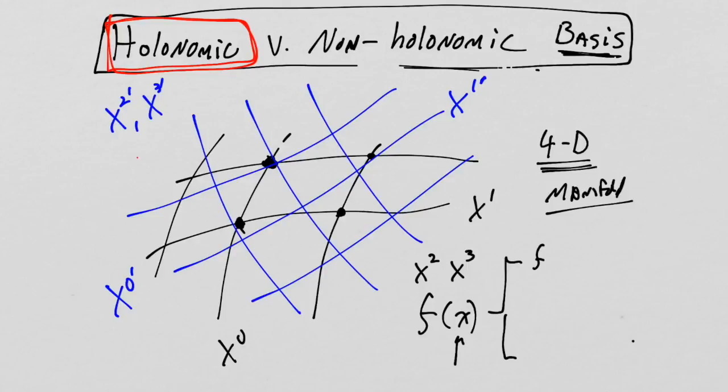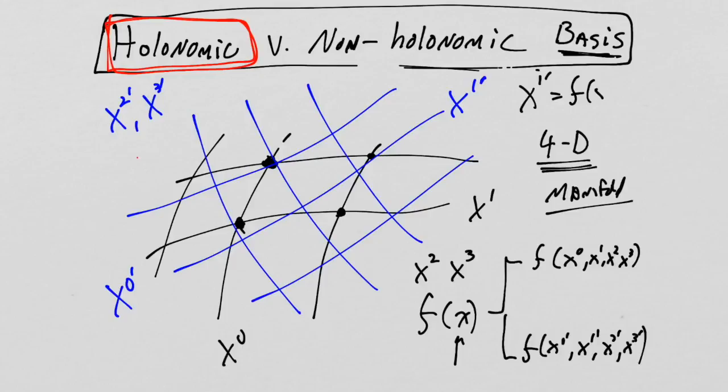But I can write that as a function of x0, x1, x2, and x3, or I can write it as a function of x0 prime, x1 prime, x2 prime, and x3 prime. I just do a coordinate transformation between these two coordinate systems. I presume that I know x1 prime as a function of x0, x1, x2, and x3. Likewise for all the others.